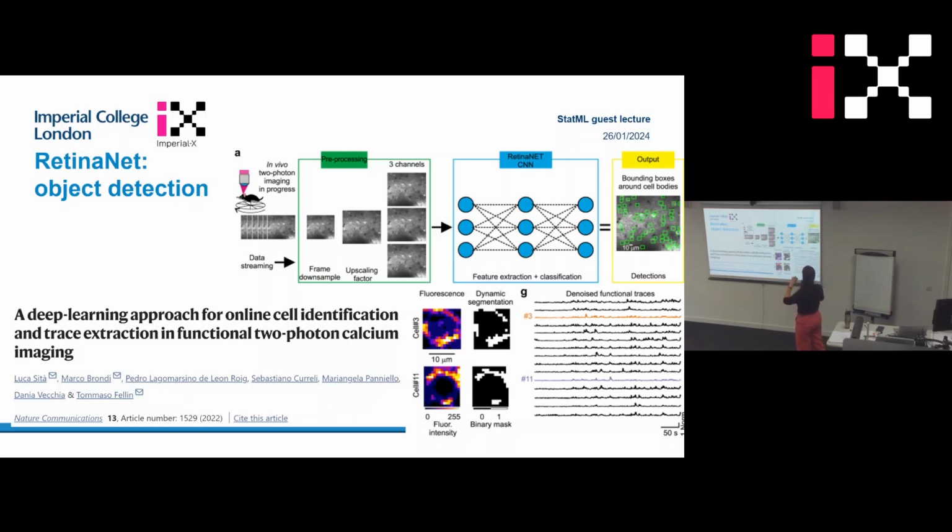Later on you can extract the fluorescence from each of these squares, and you get a fluorescence signal that via deconvolution you can transform into the real electrical activity, because you're measuring calcium as a proxy for the electrical activity. So yeah, this was again a very powerful pipeline. It works really well, and it's using the RetinaNet.